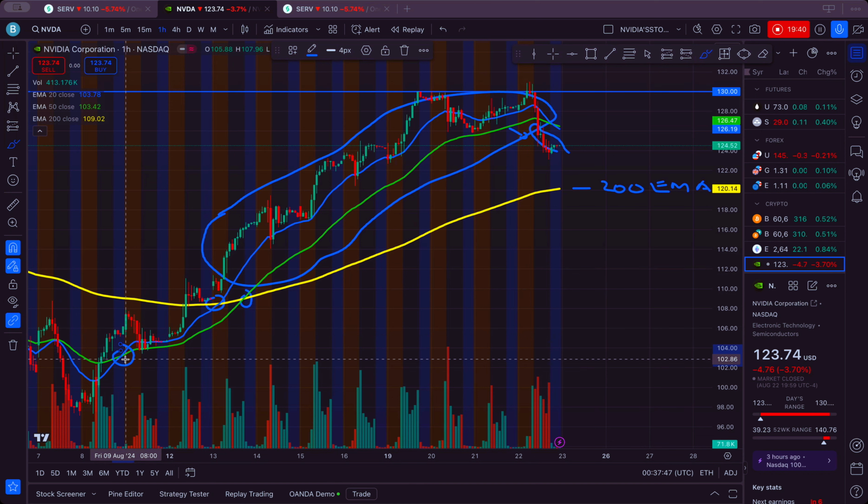So we can use this as an entry point, you know, for medium term or short term, suggesting that the market may continue to rise. Conversely, when the 20 moving average crosses below, it's a bearish signal, indicating potential downside of the market.